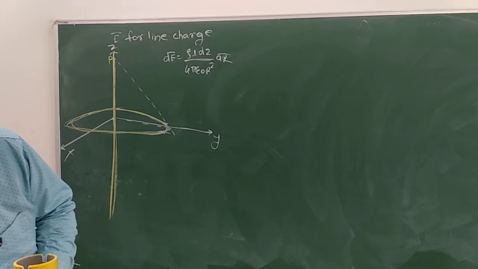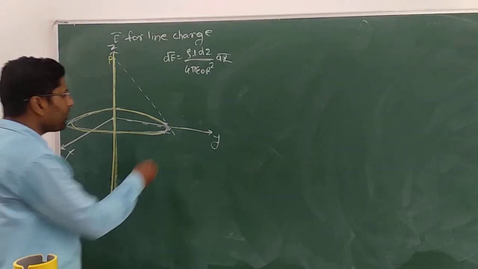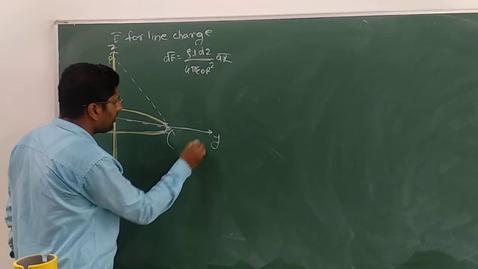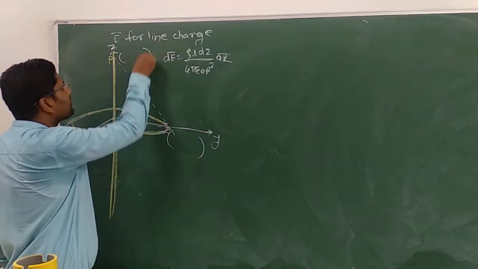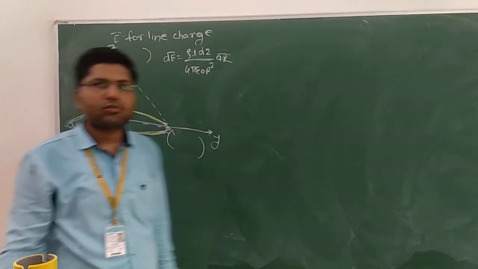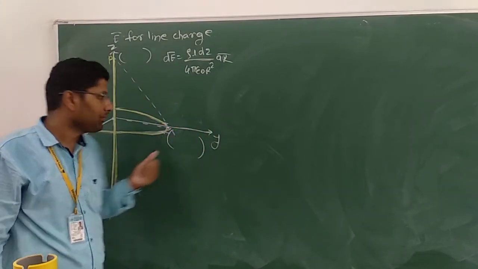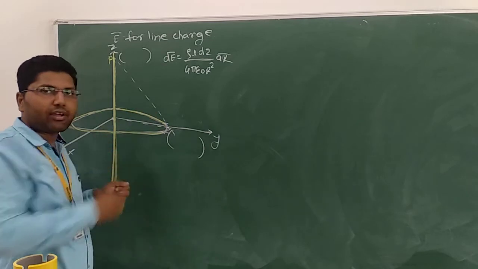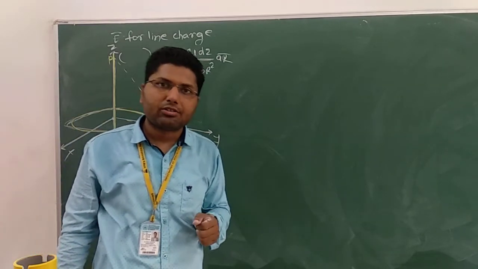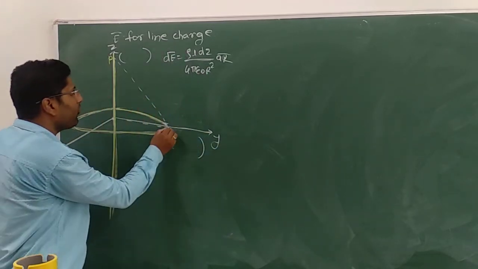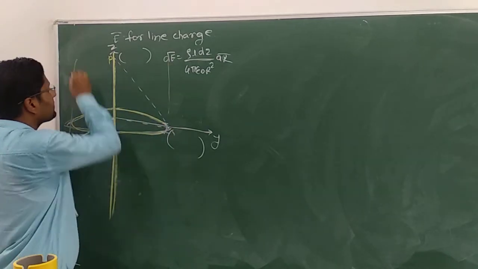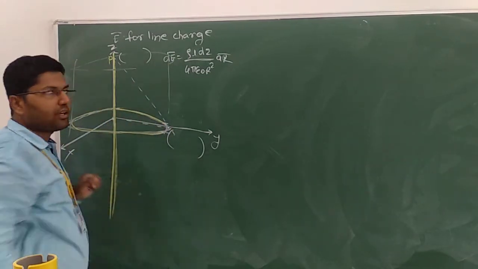Now how to calculate? First of all, we have to find out the coordinates of this point. Which coordinate system is this? This is a cylindrical coordinate system, because this circular ring is the representation of a cylinder if you go upward.